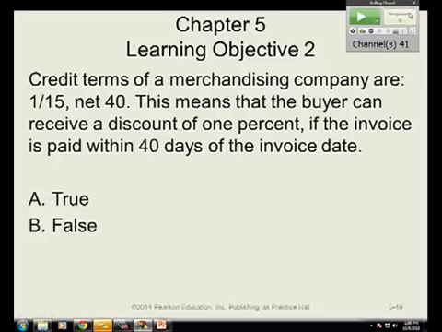So, all right, what I want to know is credit terms of a merchandising company are 1/15 net 30. This means that a buyer can receive a discount, 1%, if the invoice is paid within 40 days of the invoice.